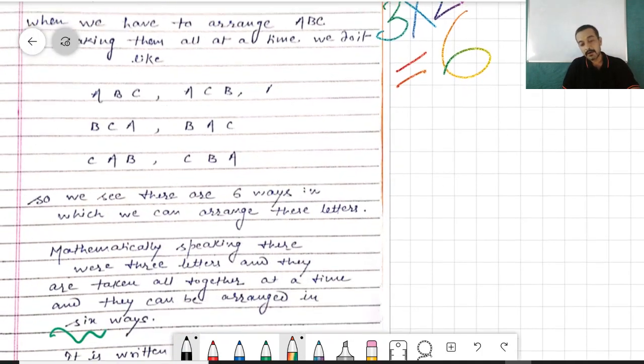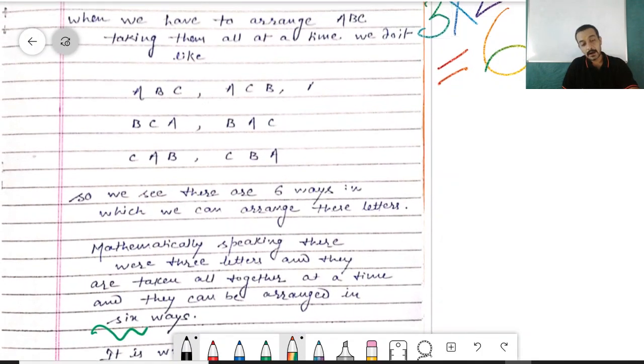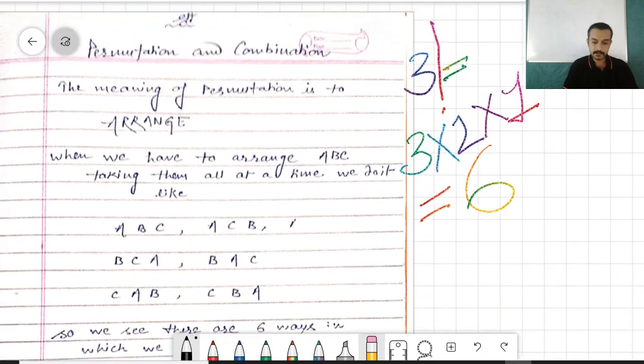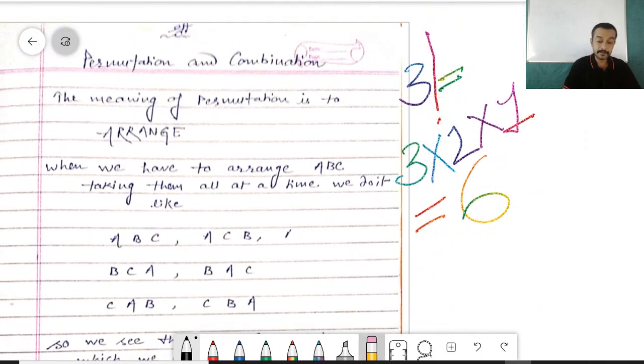So the meaning of factorial is starting from that number, reaching 1 in descending order, and finding the product of all those numbers. Am I clear? Okay. Now factorial is related to what? Permutation.